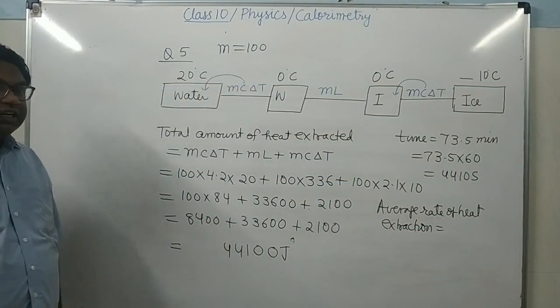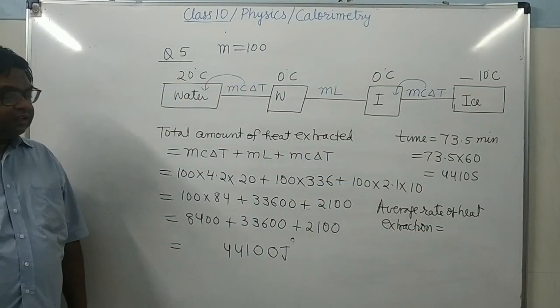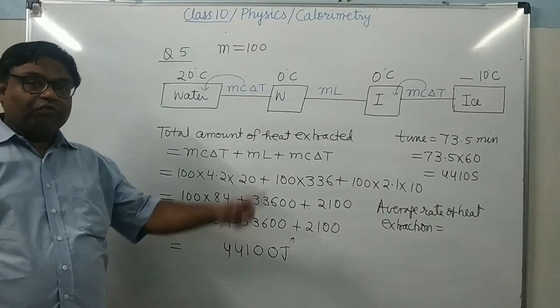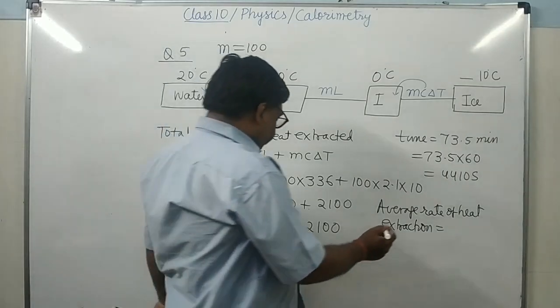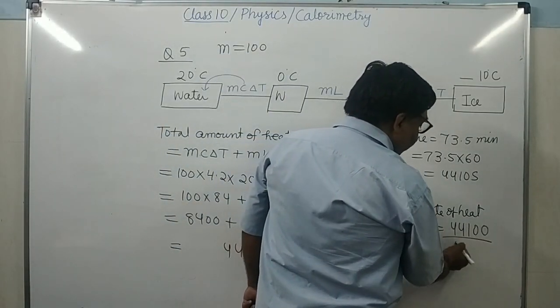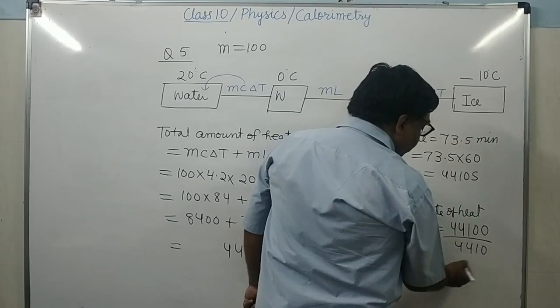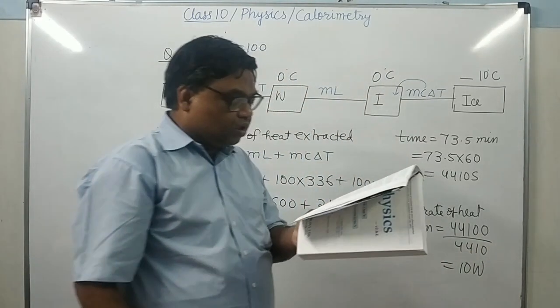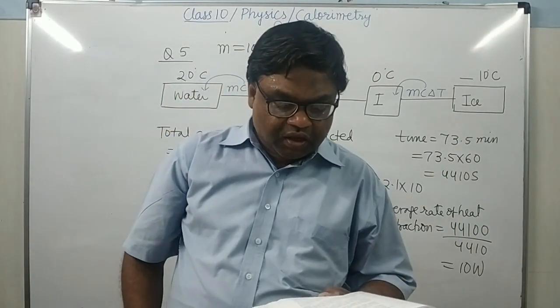Heat extracted in 1 second. So this much heat is extracted in that many seconds. So in 1 second, it will be equal to 44,100 upon 4410. That is equal to 10 watt.